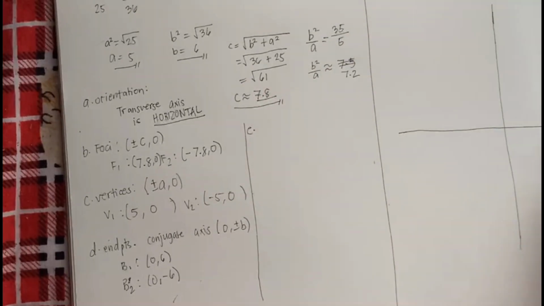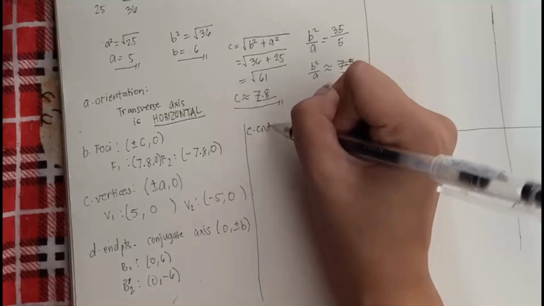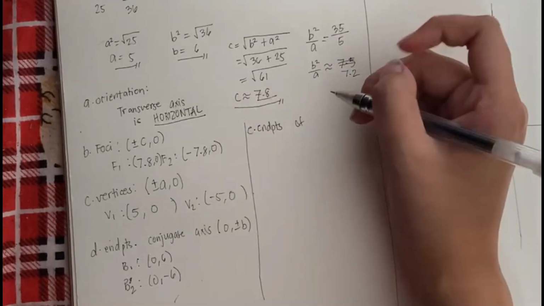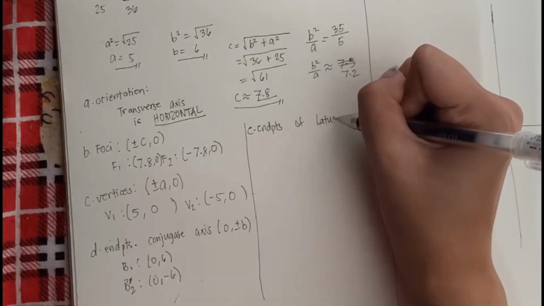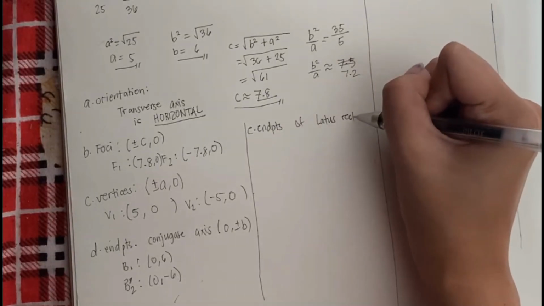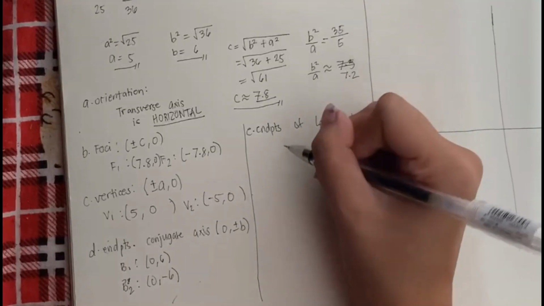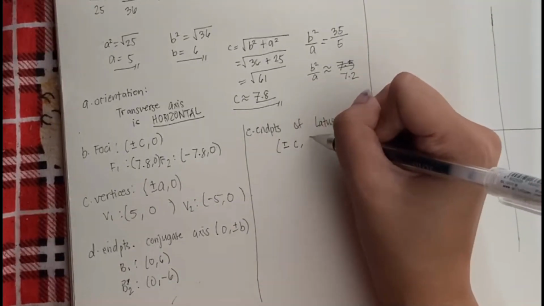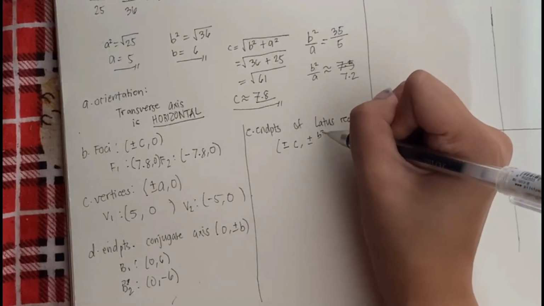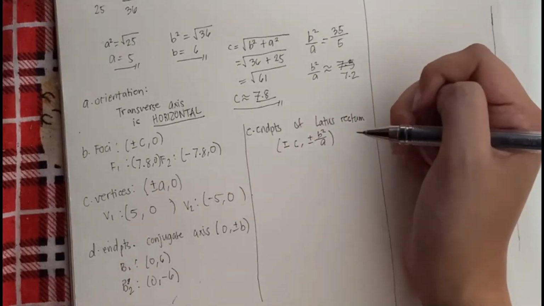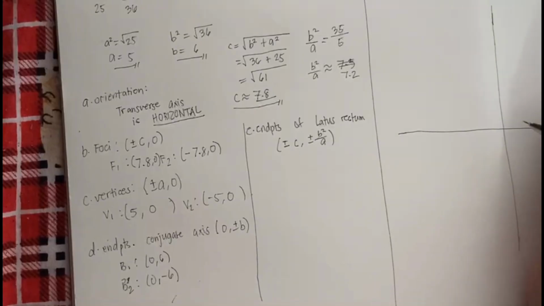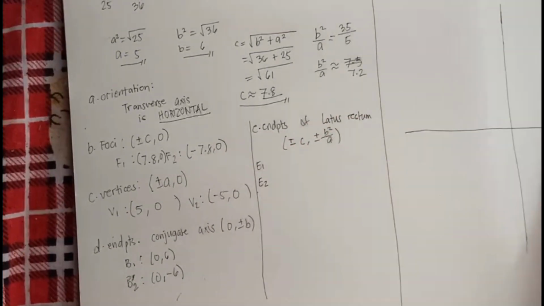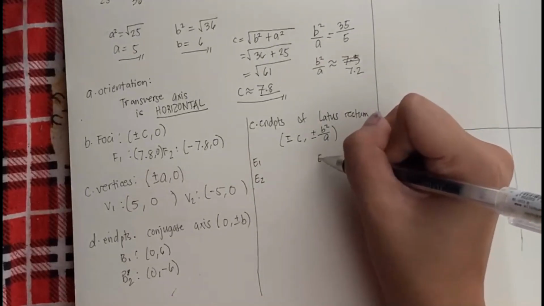As for the endpoints of the latus rectum, we will be showing you the formula first, which is positive and negative c and positive and negative b squared over a. And then again, you have to substitute the c values and the b squared over a.